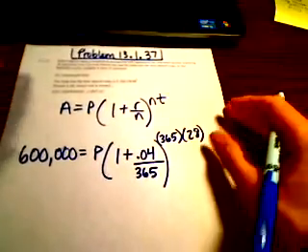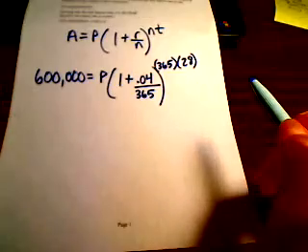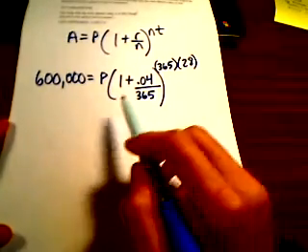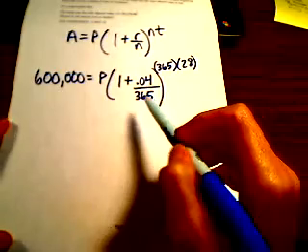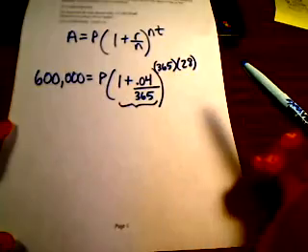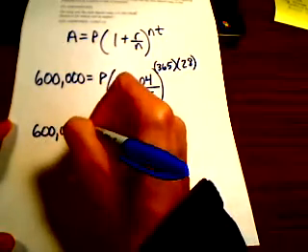Okay, so now, from here, a lot of times people can get this set up, but then they get confused about what to do with the actual calculator. So we need to do this first. We need to add on the inside of the parentheses.